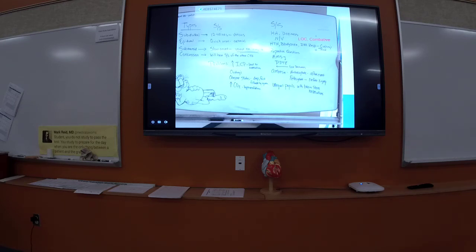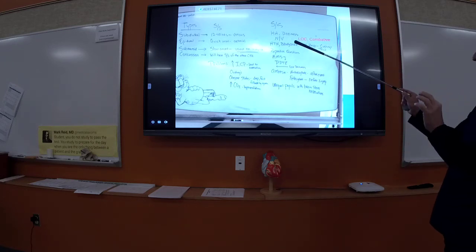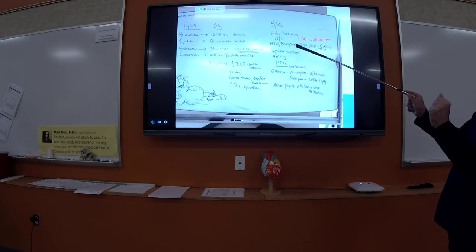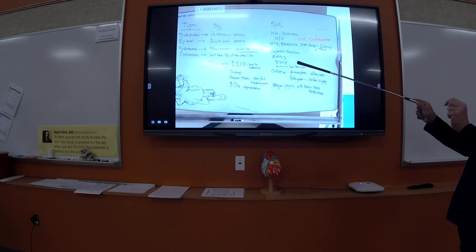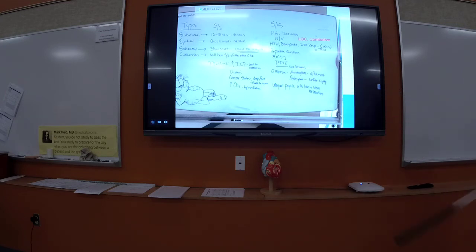But so we look at these signs and symptoms in an ischemic stroke, okay? We have headache and dizziness, nausea and vomiting, okay? Repetitive questions, okay? The mental status, that can be changed, okay? Hemiparalysis, okay? Vision problems, dizziness, balance problems, okay?